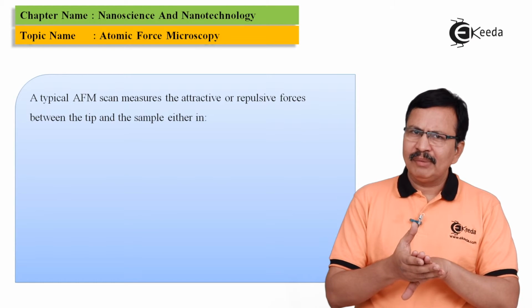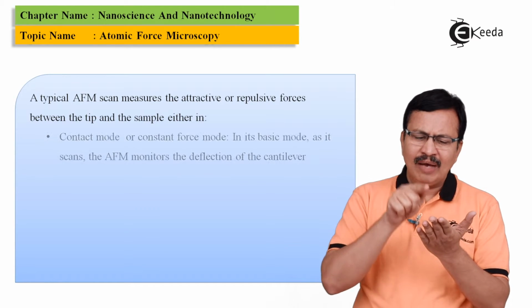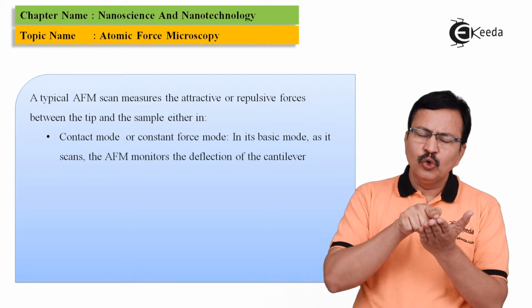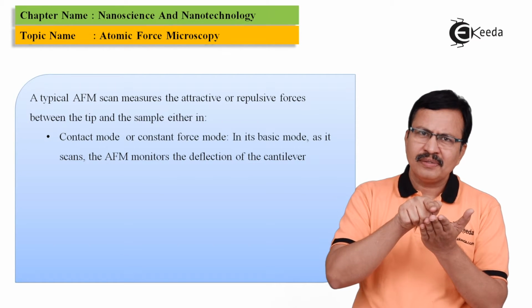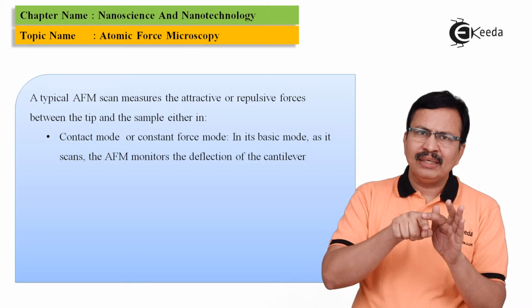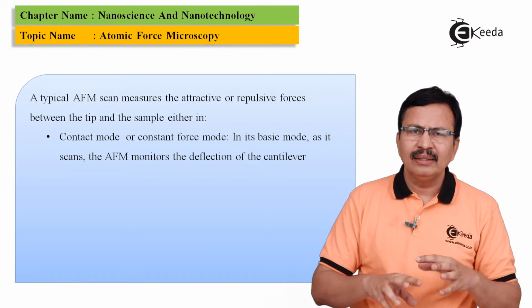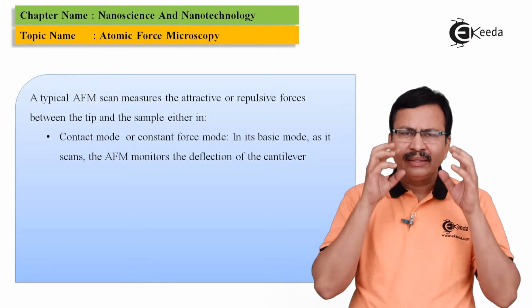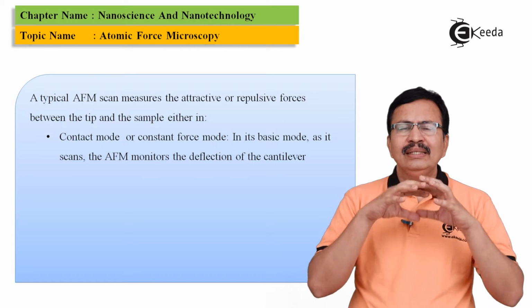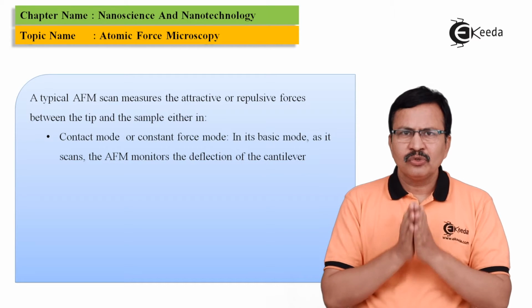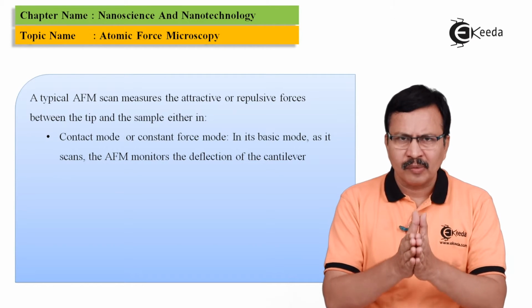In the direct contact method, you have a tip that is attached to a cantilever and it moves across the surface, and whatever deflections are there in the tip, these are being captured by the reflected light, and these deflections are then generated into a 3D image. So this is called the contact mode of operation.